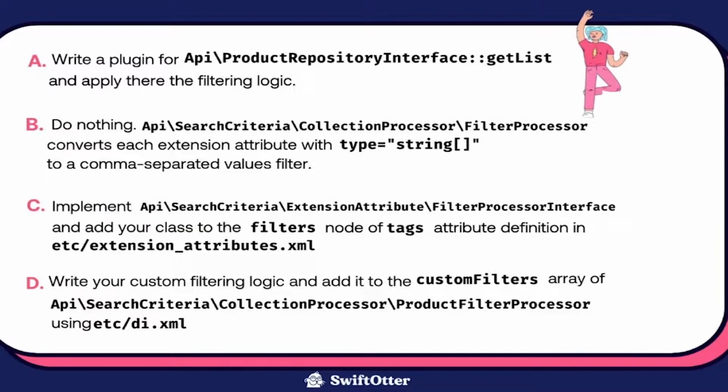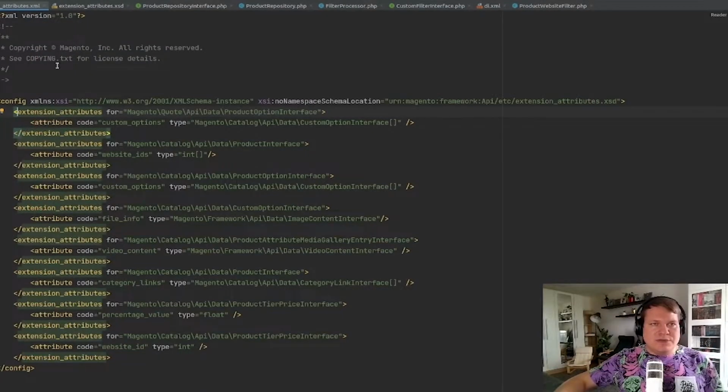Why is it wrong? Let's check the code. Here is an example of an extension_attributes.xml file. As you can see, we have definitions of extension attributes here, and basically nothing more. Well, there are some other possible options, but definitely nothing like filters.